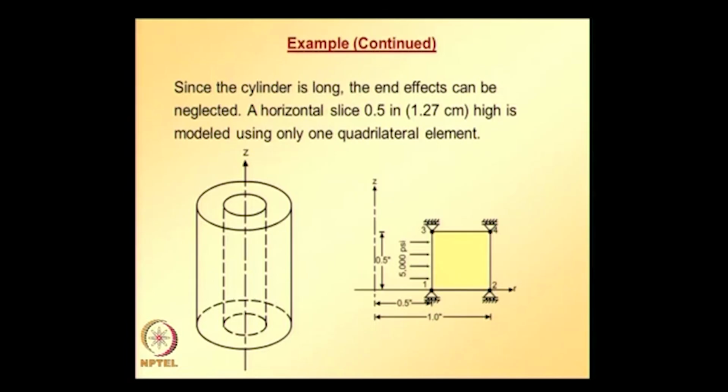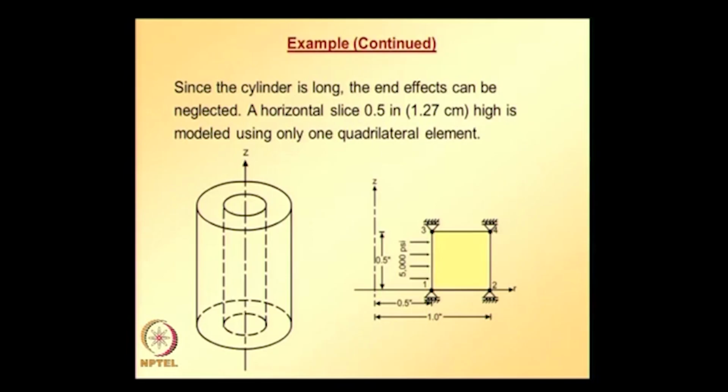The node numbers are also indicated, and since this problem is axisymmetric, the nodes are constrained to have displacement only in the radial direction. So the displacement component at all the 4 nodes in the axial direction is 0. Also the traction is applied along the side joining nodes 3 and 1.